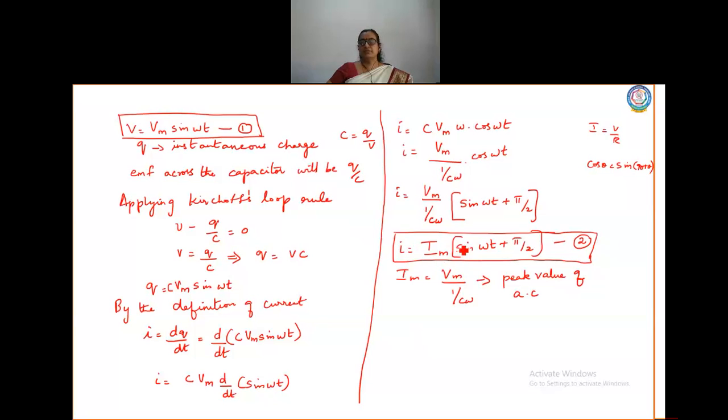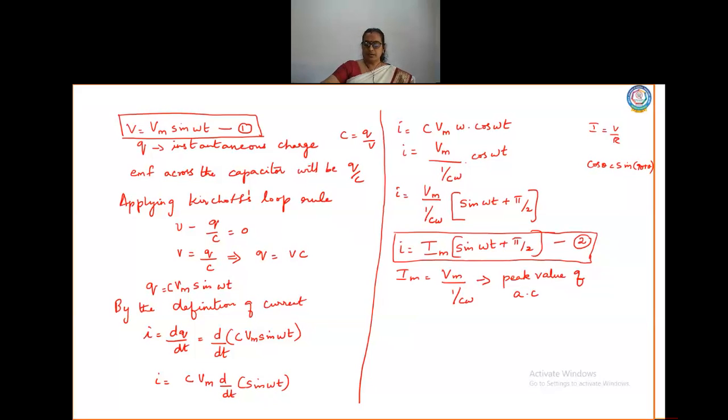So what is the phase angle between the current and voltage? Here it is plus π/2. So I can very clearly say that the current leads the voltage by a phase angle of π/2. This is in the case of a capacitive circuit.